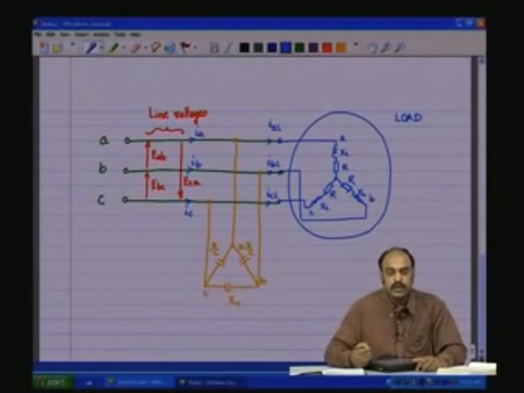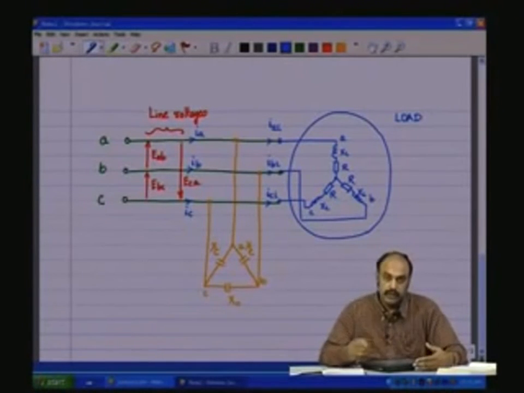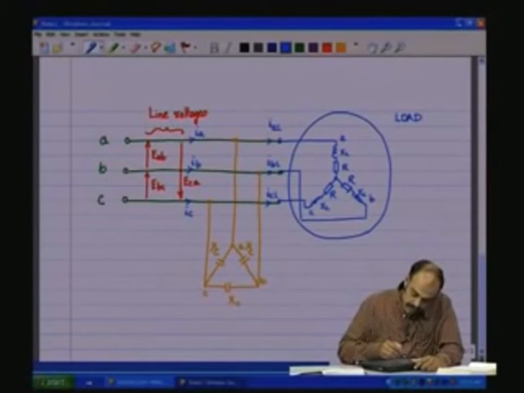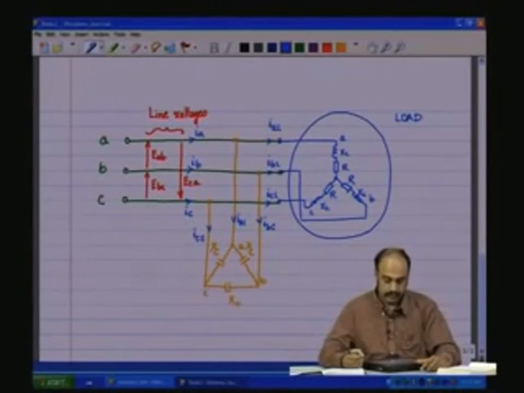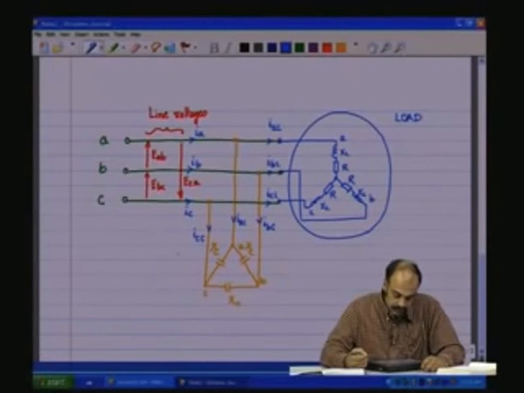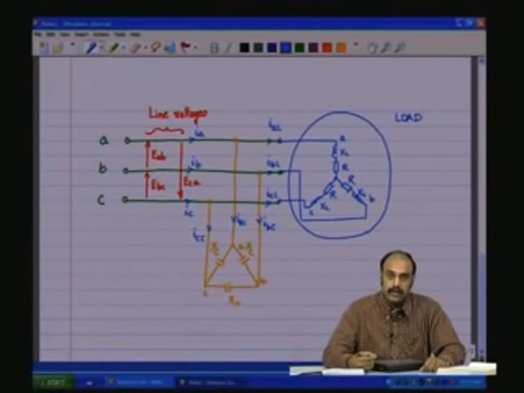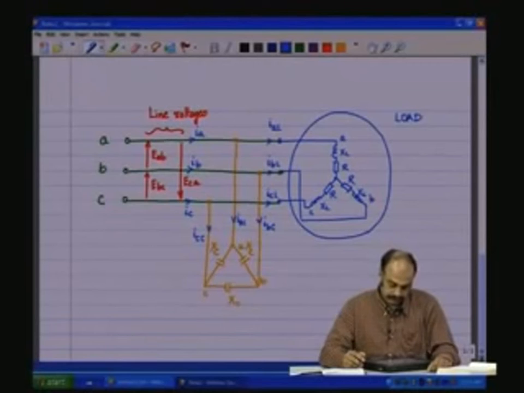The L subscript has been used to indicate that it is going to an inductive reactance type of load, and here you have IAC, IBC and ICC. The C subscript indicates the currents going into the capacitive reactive load, just for distinguishing.